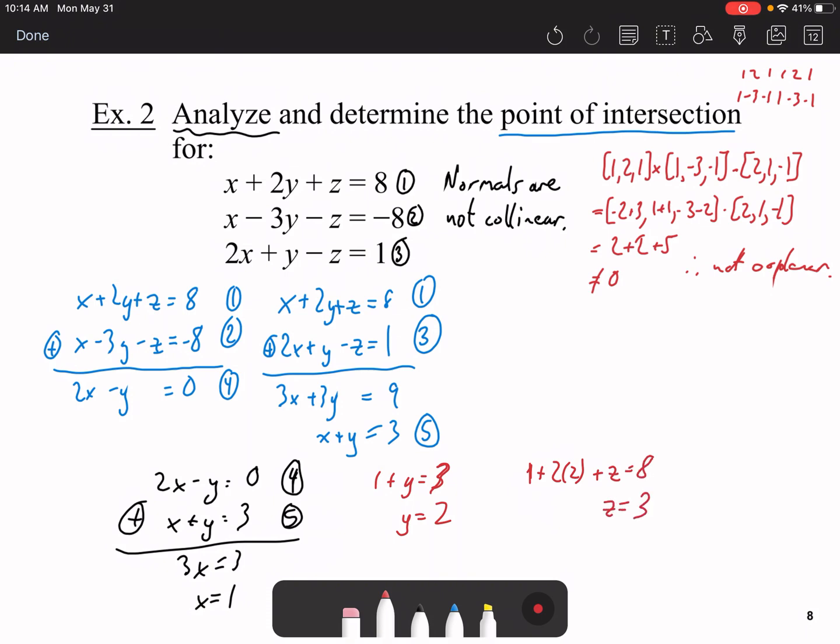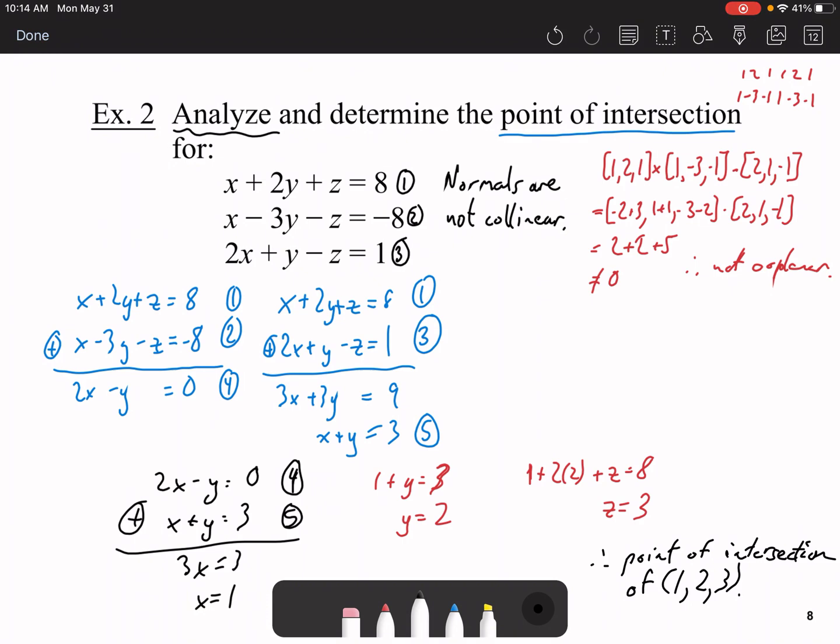So we get a point of intersection of 1, 2, 3.